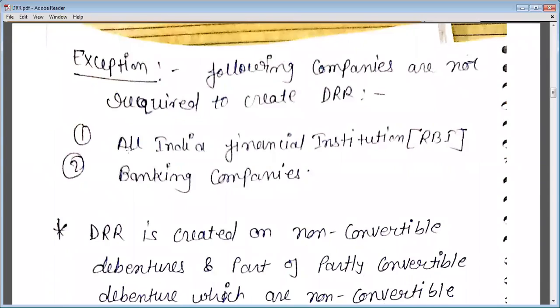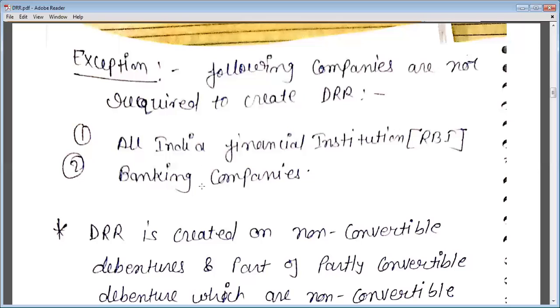Now there is some exception. The companies which will not create DRR. This is not mandatory in the case of the following companies. The following companies are not required to create DRR, whether they are issuing the debentures or going to redeem the debentures. The first is All India Financial Institutions, that means RBI or any other financial institution, and banking companies.